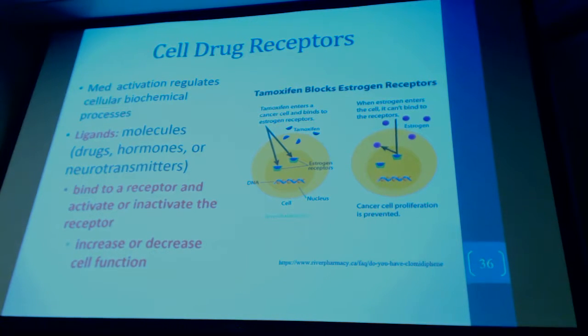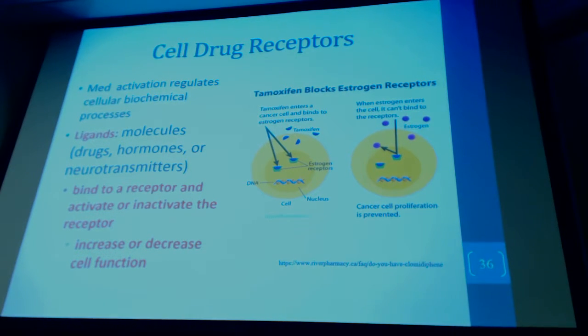It activates that cell. Sometimes you're going to learn about drugs that we give that actually block those receptors so the cell does not act as it should. Remember, we're trying to change the function of the cell. But the drug has to be active. It has to be in the bloodstream before it can do that.